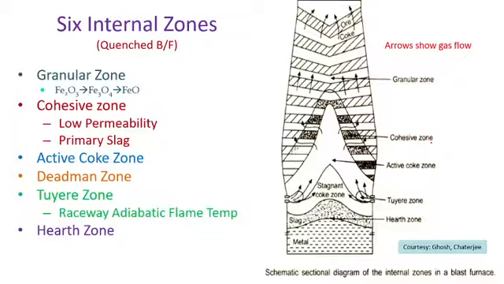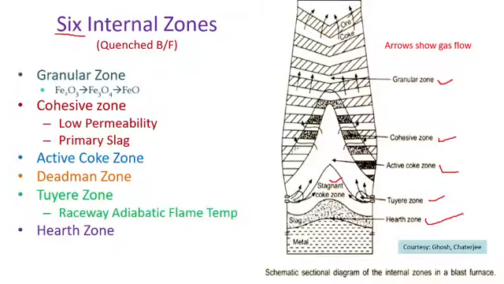After vast studies, it is now accepted that a blast furnace has six internal zones. If we come from the top to bottom of a blast furnace, we come across first the granular zone, then the cohesive zone, then the active coke zone, and in the tuyere region there will be the stagnant coke zone and the tuyere zone.